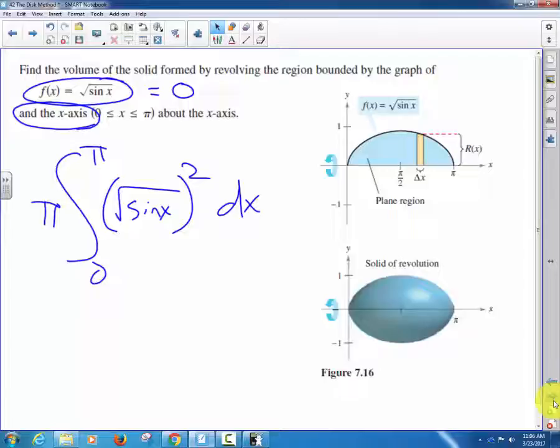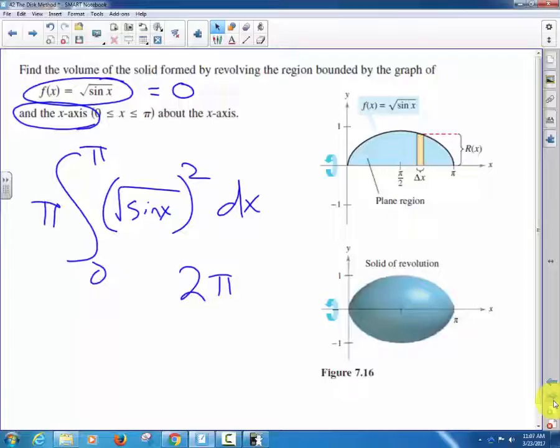Because it's kind of egg-shaped. That's one you could probably integrate. You could do that without the calculator even probably, but you should be able to do it and get, I think, 2 pi out of the answer here. Yeah, I think that's what you're going to get out of it.